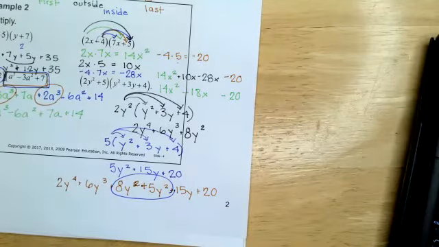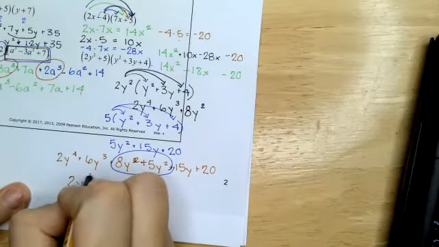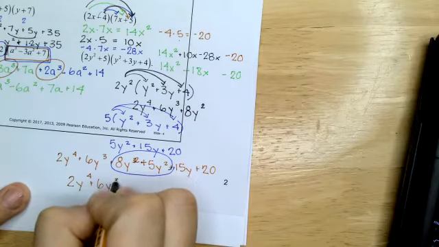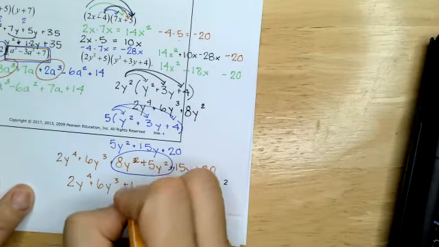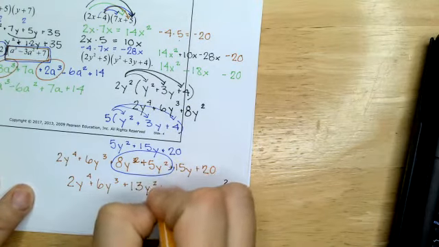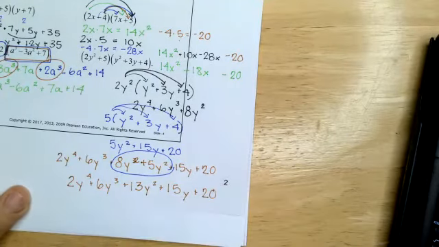Everything else just stays really long. All right. 2y to the 4th plus 6y to the 3rd plus, you're combining 8 and 5, you get 13y squared plus 15y plus 20.